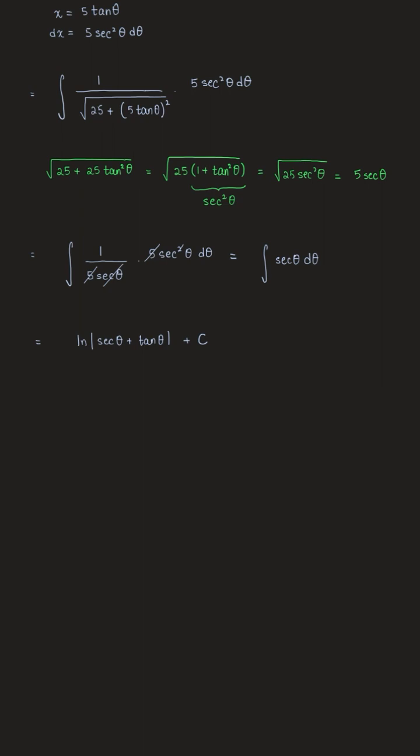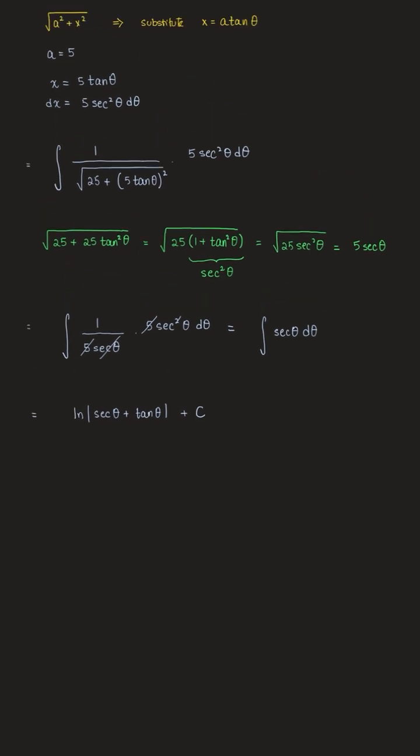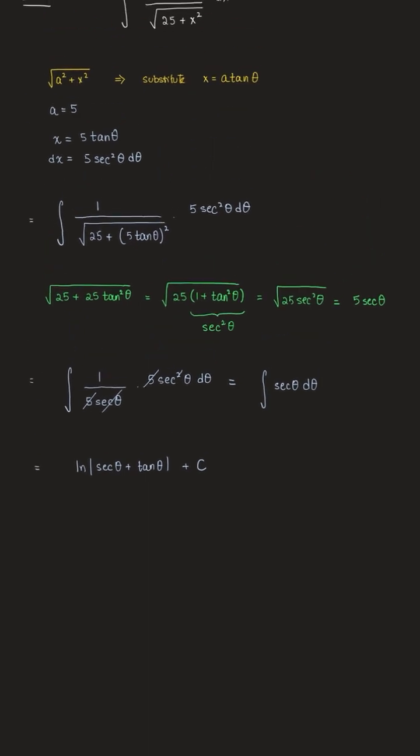Now, what we need to do at this point is rewrite our solution in terms of x, because right now our solution is in terms of theta, and theta is really an intermediate variable so that we could integrate. And so to be able to write this back in terms of x, we're going to go up and look at our original substitution, which gives us the relationship between x and theta.